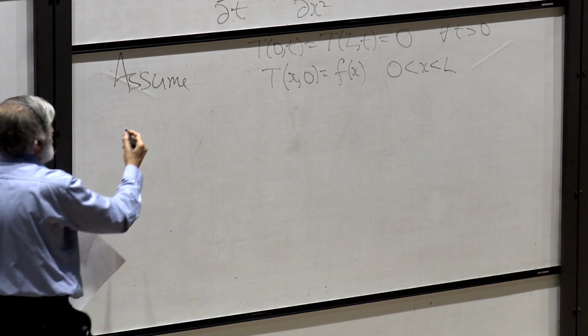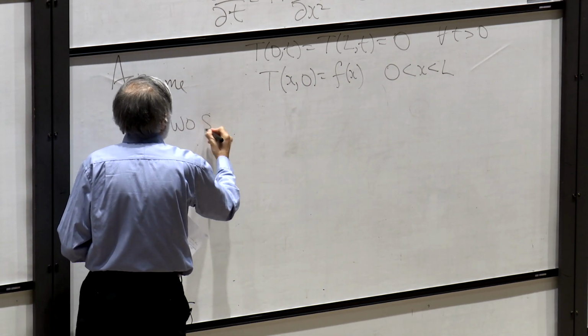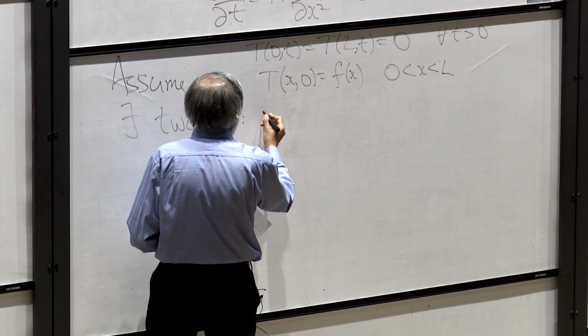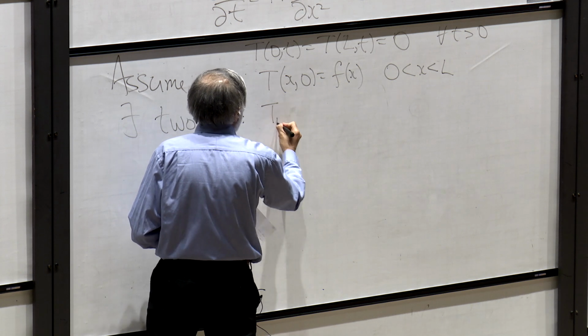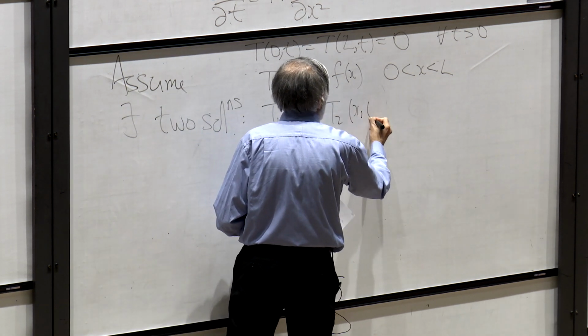And now assume there exist two solutions given by T1(x,t) and T2(x,t).